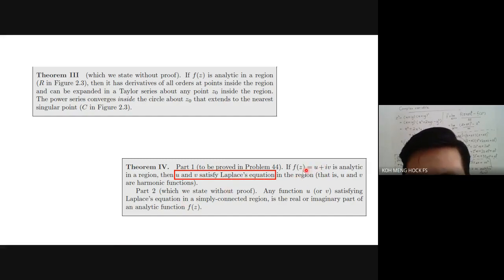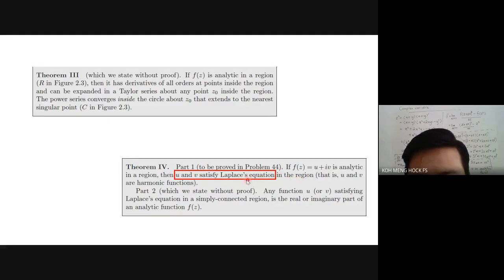If f equals u plus iv, we write it in this form, and it is analytic in the region. This function will not necessarily be analytic in the whole space, it might be analytic only in a certain region. Here it says if it is analytic in this region, then u and v will satisfy the Laplace equation.